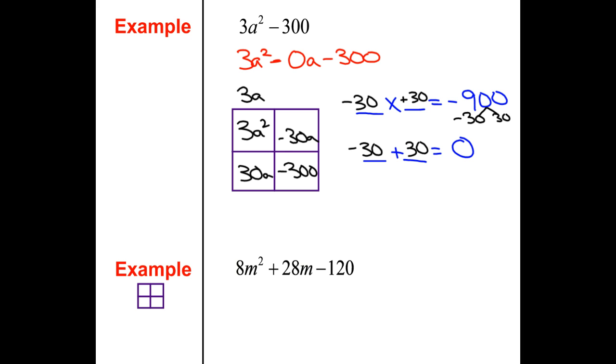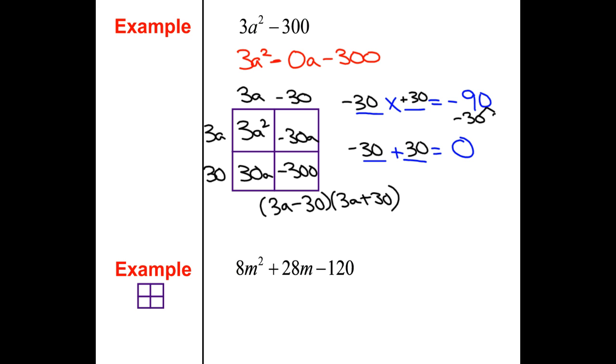We'll have a negative number because our top number is negative, and it'll be negative 30. Go left to right, we'll get positive 3a again, and left to right again, we'll get positive 30. So our greatest common factors here are going to be 3a minus 30 times 3a plus 30.